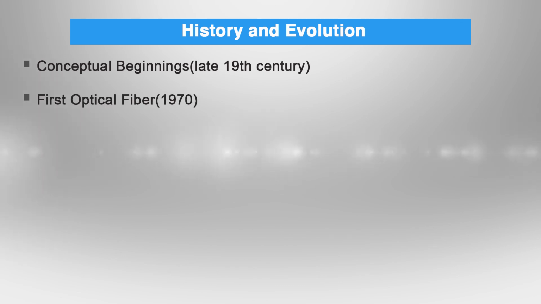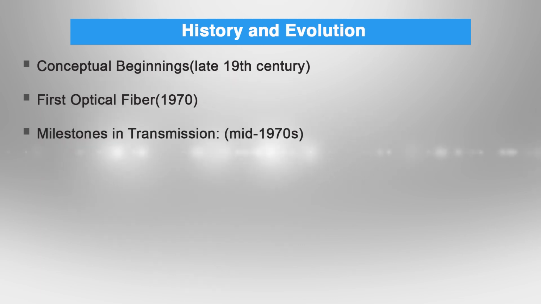First optical fiber: in 1970, Corning Glass Works produced the first optical fiber with a loss of 20 dB per kilometer, which was a significant improvement over earlier attempts. Next is the milestone in transmission. By the mid-1970s, practical optical fiber cables capable of transmitting signals over long distances were developed and deployed.